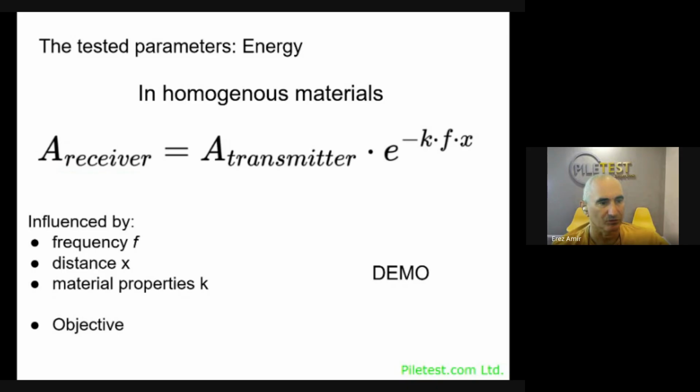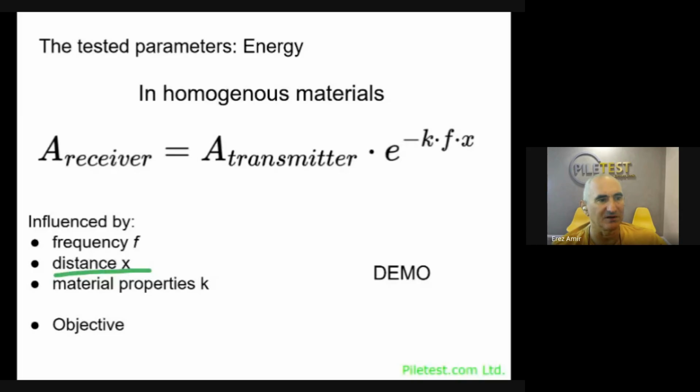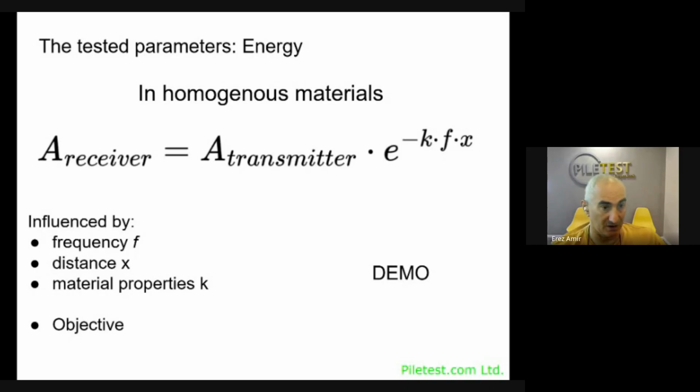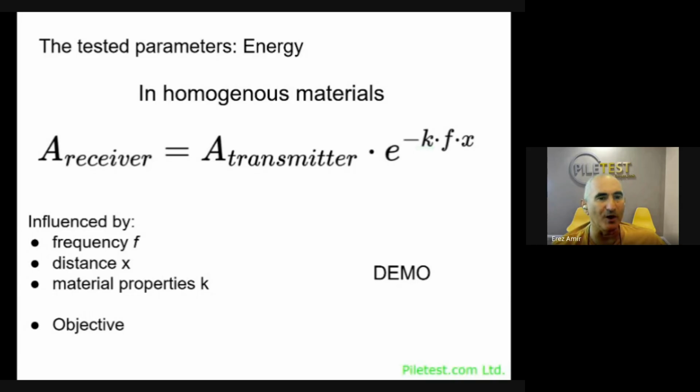And that's the only factor that actually controls the arrived energy. However, material properties are also a big factor here, and that comes in K. When we have a weaker concrete, it has a different constant here, and we're going to get a lower energy.